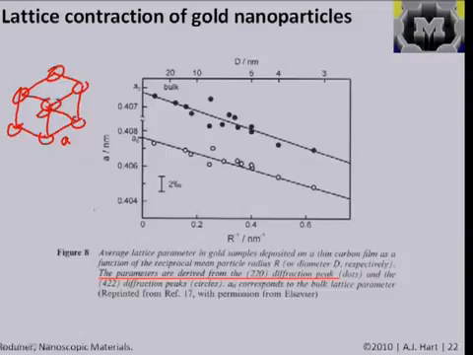It says on the vertical axis here that as the radius of the particle changes, the lattice dimension changes because of this effect of size on pressure.